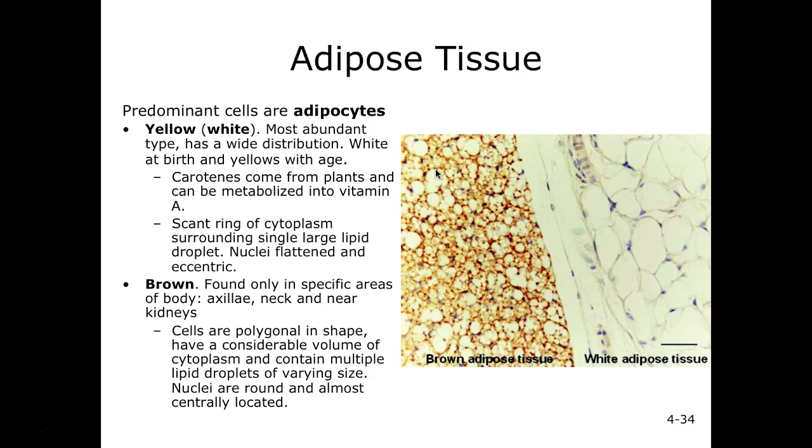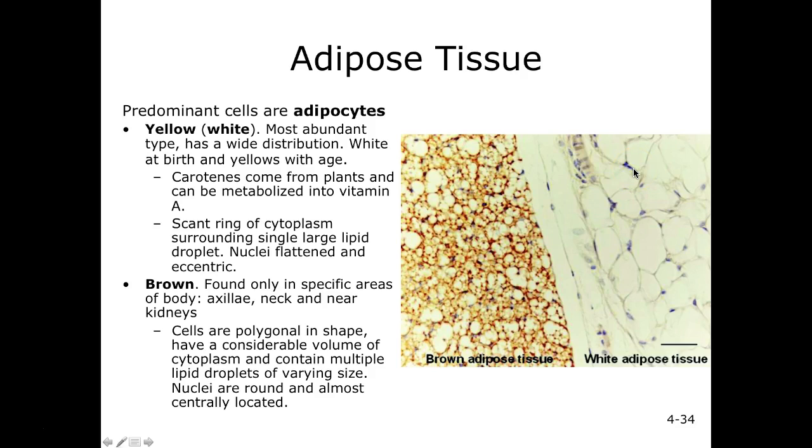We'll see that we have that scant ring of cytoplasm that I was mentioning earlier surrounding our single large lipid droplet. So all of this in white here, that is our lipid droplet. And our nuclei are going to be flattened and eccentric. So here's a good flattened nuclei for your viewing.